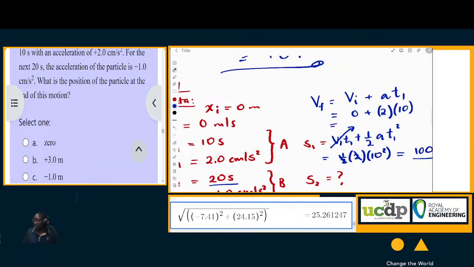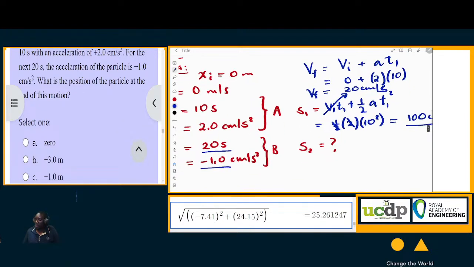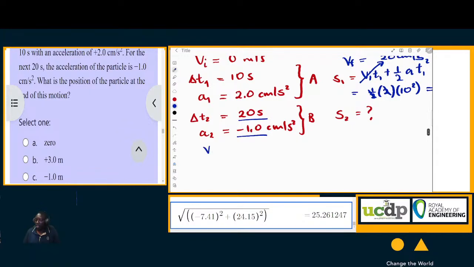This gives us a velocity of 20 centimeters per second as our V final. That V final after 10 seconds becomes the V initial going into the next part of the motion. So the V final for motion 1 is equal to V initial for motion 2, which is 20 centimeters per second.